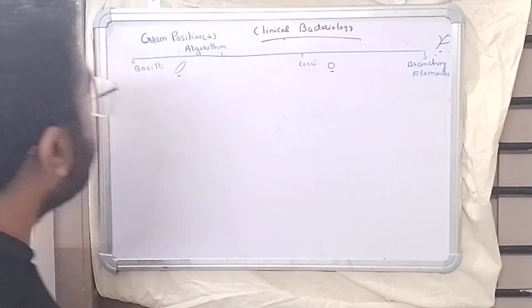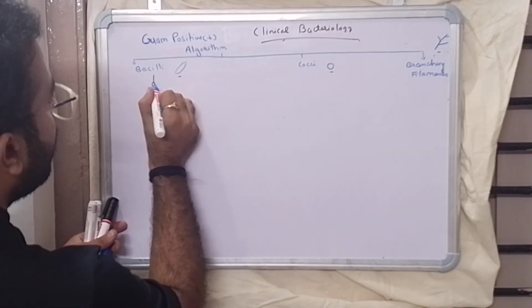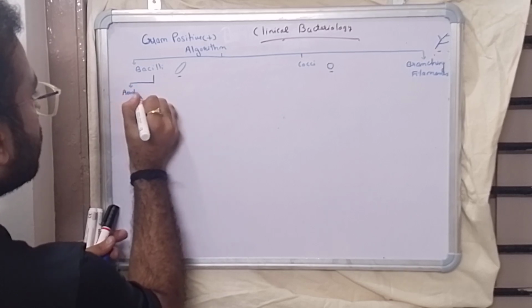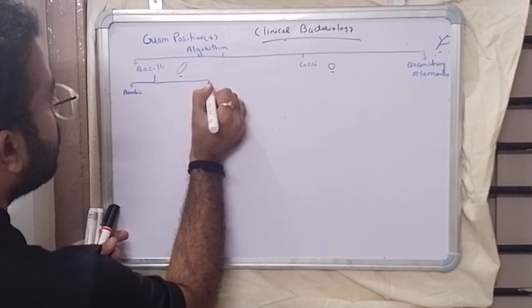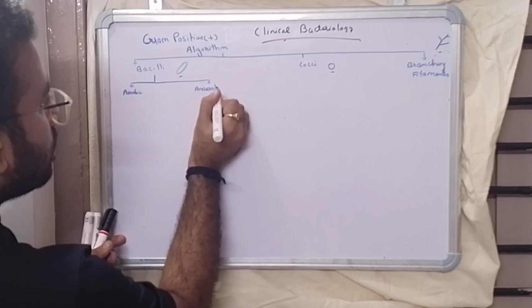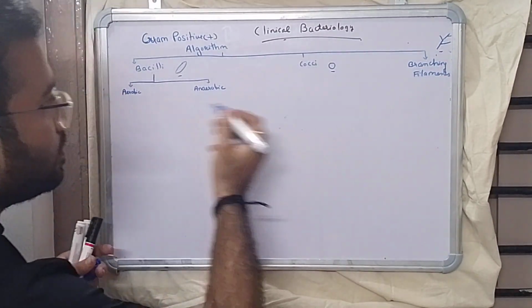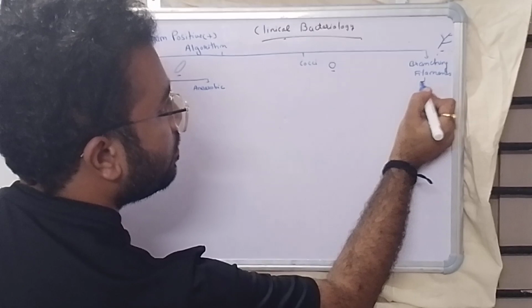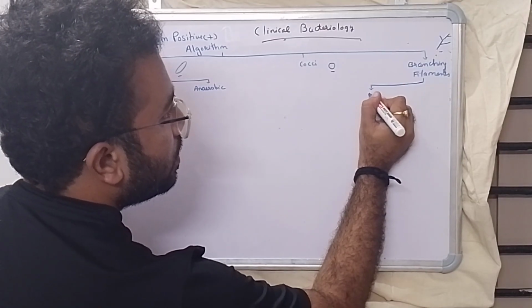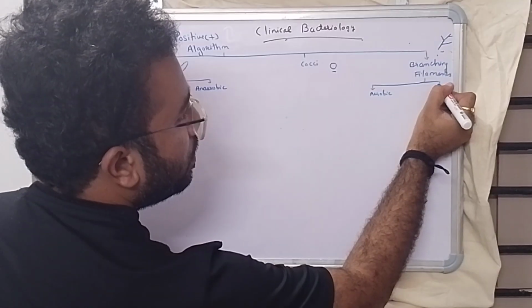So we will further divide bacilli into aerobic and anaerobic. We will do the same for branching filament bacteria: aerobic, anaerobic.